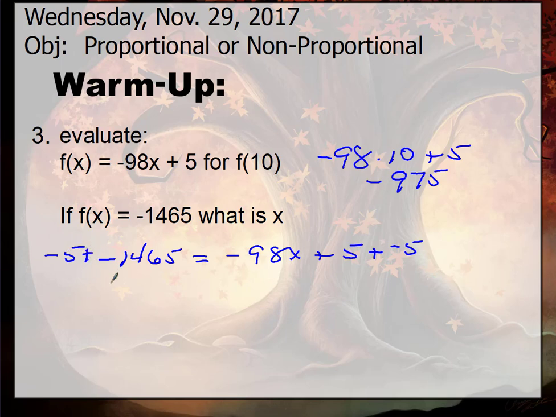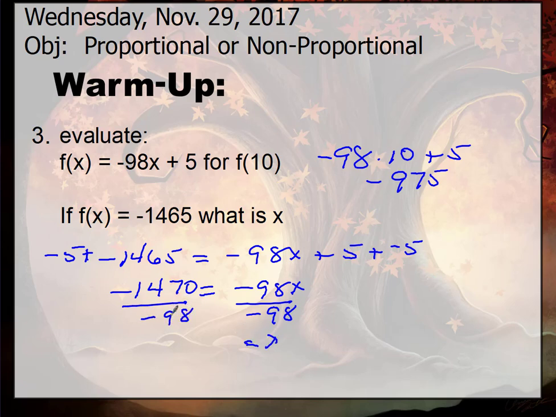We add these two negative numbers together to get negative 1470 is equal to negative 98x. Now to get rid of the multiplication by negative 98, I divide by negative 98 on both sides, and when you do the math, you end up with x is equal to 15. So that's how we evaluate expressions.